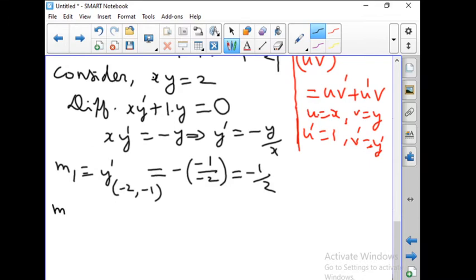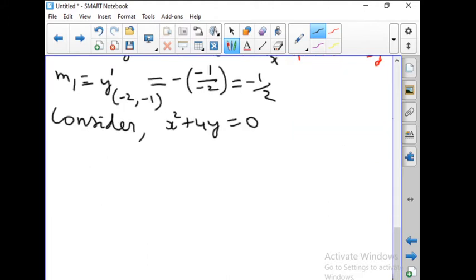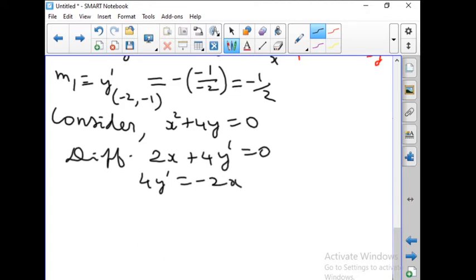We have to find m2. To get m2, consider the next curve. What's the next curve? x square plus 4y is equal to 0. Again you differentiate this. 2x plus 4y dash is equal to 0. So 4y dash is equal to minus 2x.